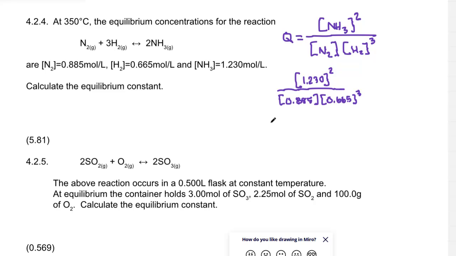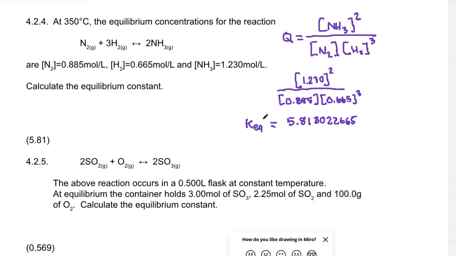Third power. And now we mash a calculator, and 1.23 squared divided by 0.885 divided by 0.665 to the third equals, and I get 5.813022665. And if we're at equilibrium, then this number is called the equilibrium constant, and we usually call it KEQ.